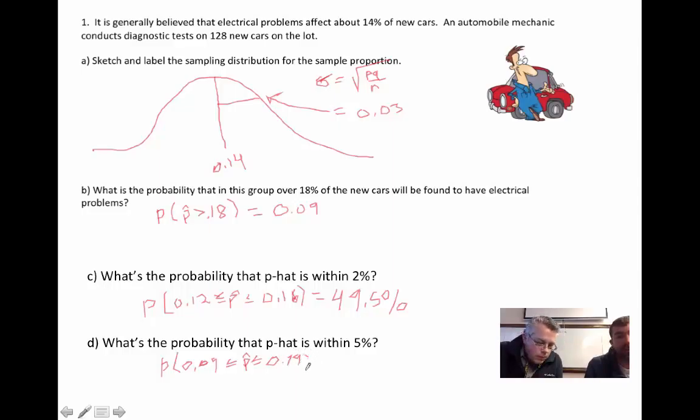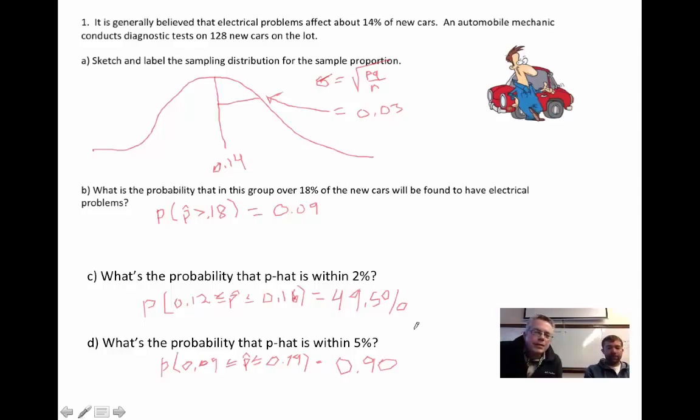And what does that give us? 0.90, so pretty good. We take a sample of 128 cars and find the proportion that are defective. There's a 90% chance that it's within 5% of the true value. Getting better than before.